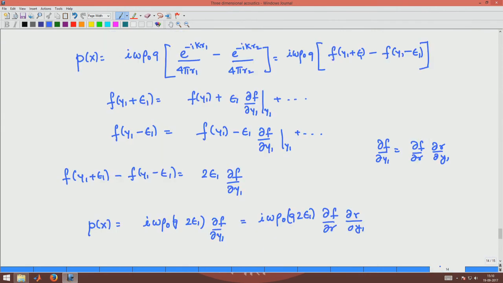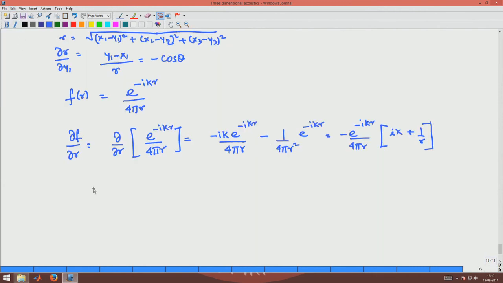So, therefore, what is the expression for p of x? p of x we have derived to be this quantity, edit, copy and paste. So, this is p of r, p at the field point x, and that in turn now can be written as i omega rho 0 q times 2 epsilon. So, 2 epsilon I will call as d.